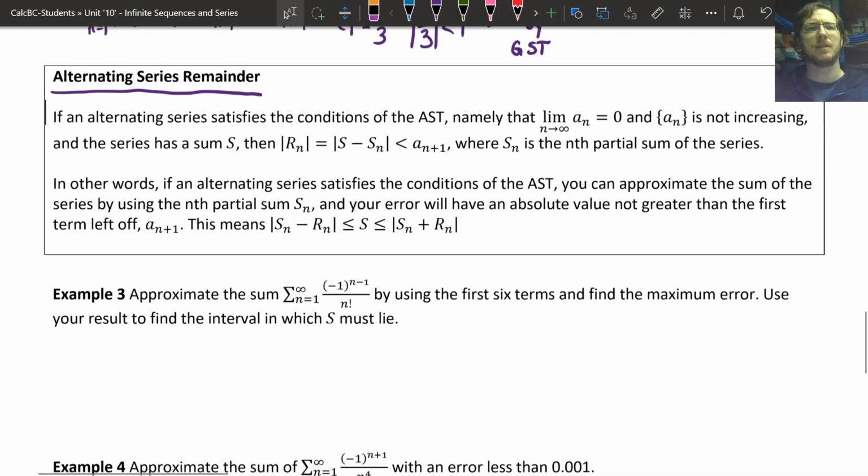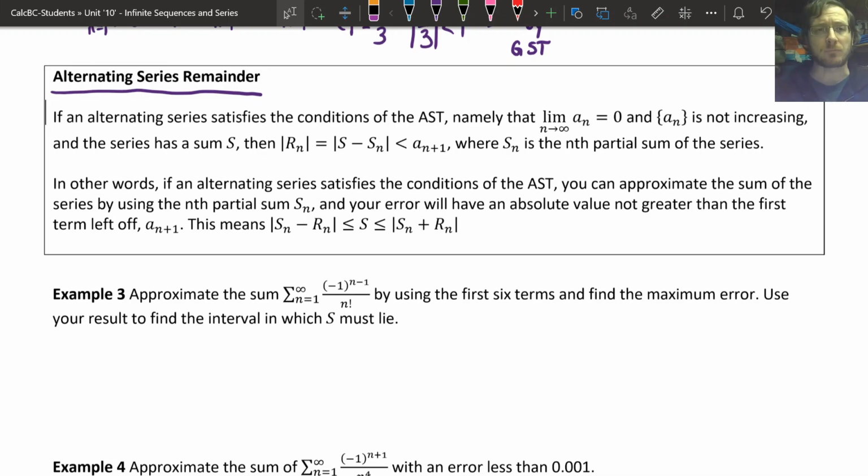If an alternating series satisfies the conditions of the AST, namely that the limit as n approaches infinity of a sub n equals 0, and the sequence a sub n is not increasing, and the series has a sum s, then the absolute value of r sub n, which is a remainder, equals the absolute value of the infinite sum minus the partial sum, which is less than the next term in the series, a sub n plus 1, where s sub n is the nth partial sum of the series.